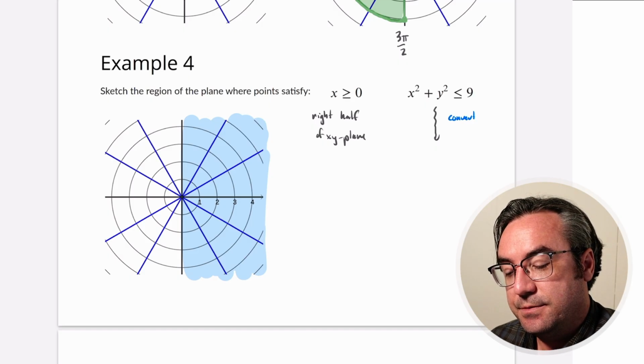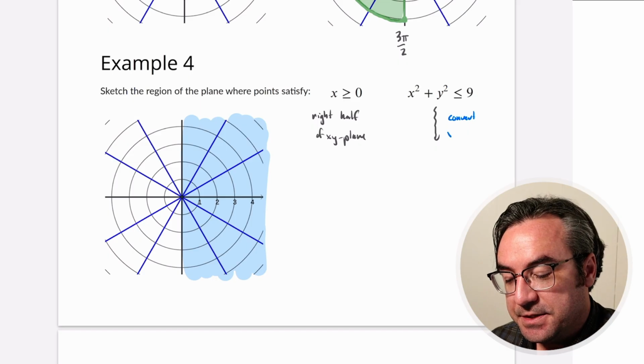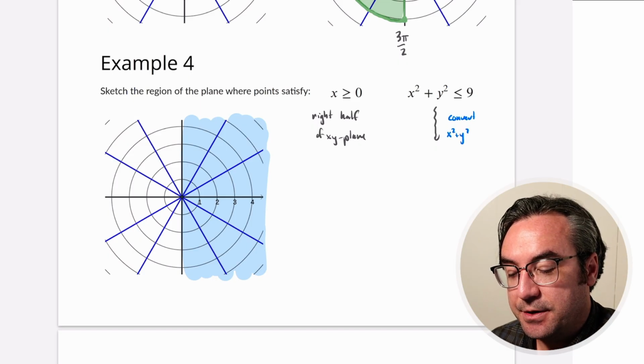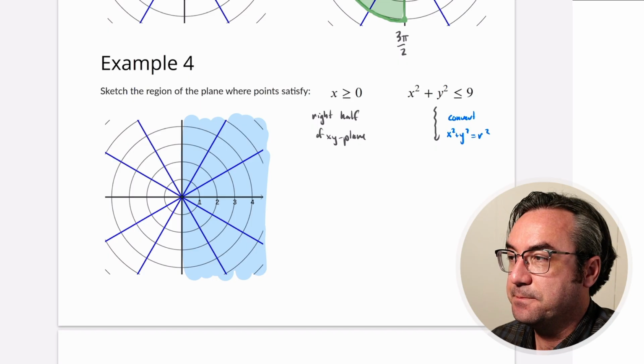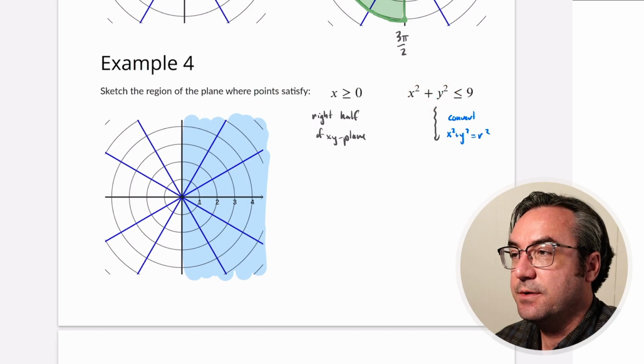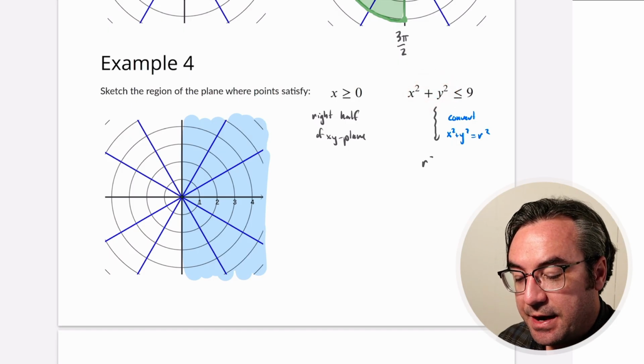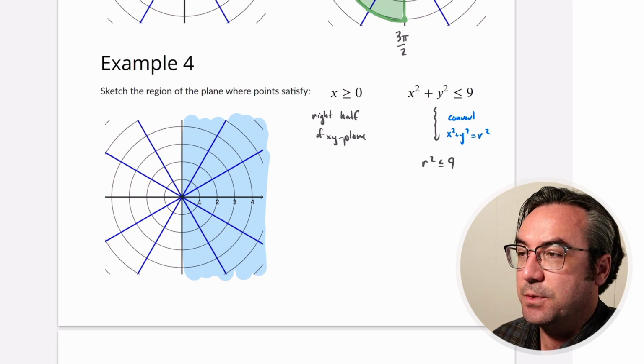And the conversion should be jumping out at you: x squared plus y squared is equal to r squared. So if we replace x squared plus y squared with r squared, we end up with the inequality that r squared has to be less than or equal to 9.